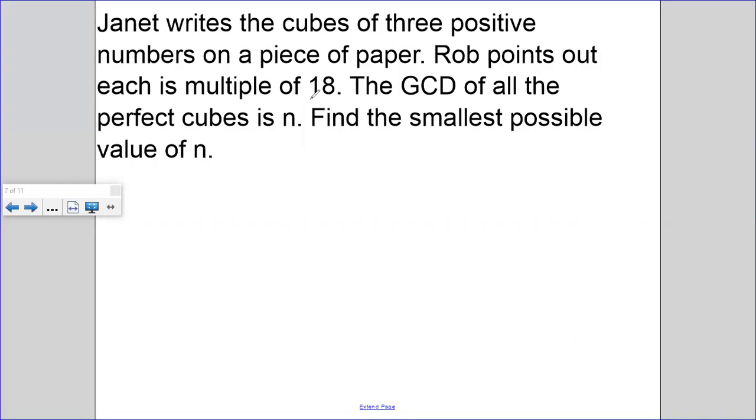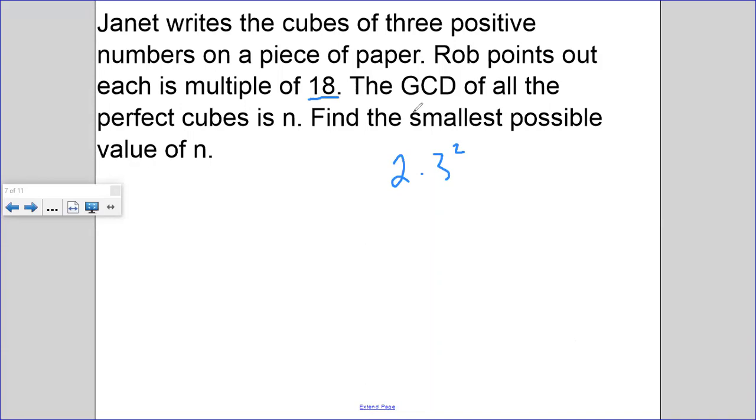So if each one's a multiple of 18, how can we break that down? What does 18 break down to in prime factorized form? 2 times 3 squared. So each one of these has to have 2 times 3 squared.